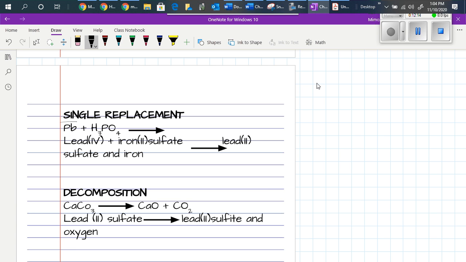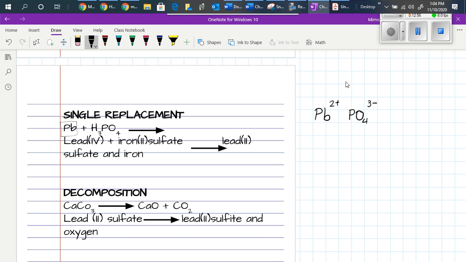So as you see here, lead, and I think that lead is multivalent as well. Yeah, it's lead, and let's say that this is lead-2. It is reacting with phosphoric acid, and then what is happening here is lead, again assuming it is +2, and phosphorus is part of the polyatomic ion.